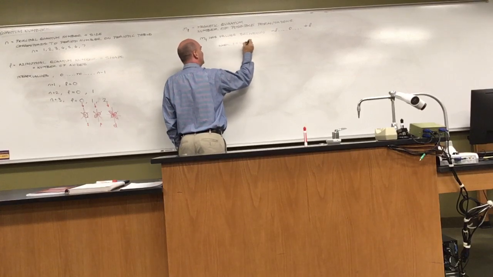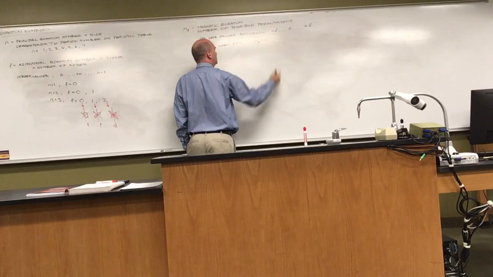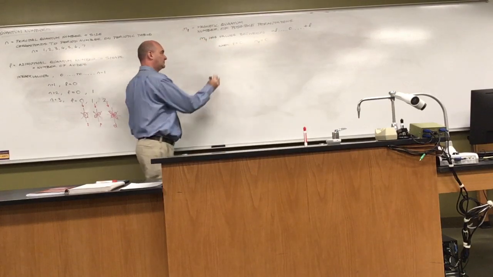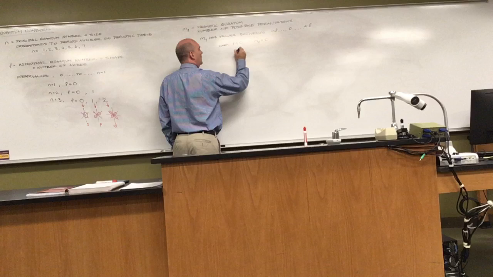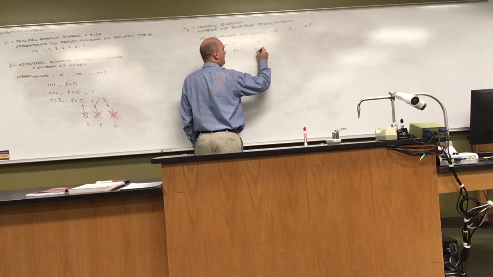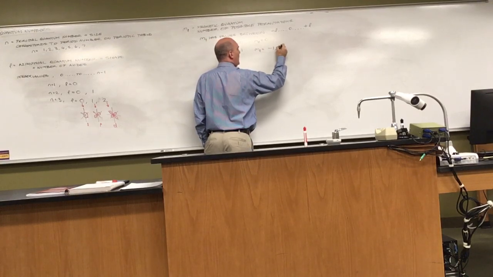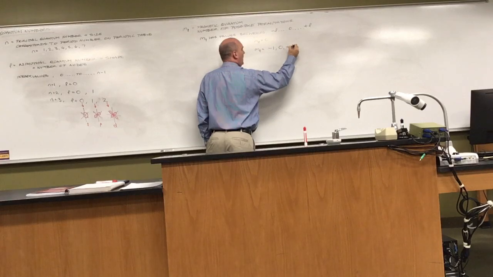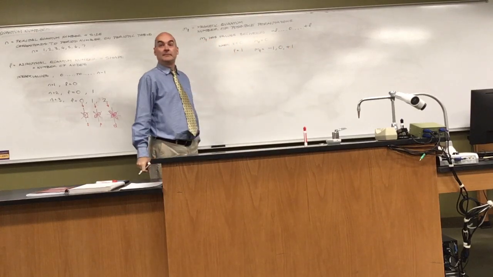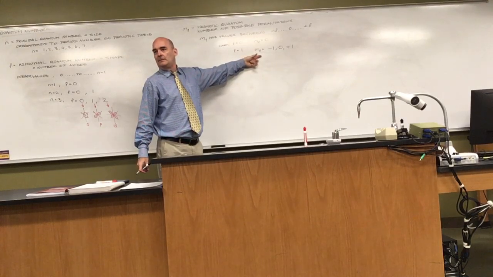When L is 0, ML is 0. When L is 1, ML has values of -1, 0, and +1. That's the difference between there being one type of s orbital and 3 types of p orbital.